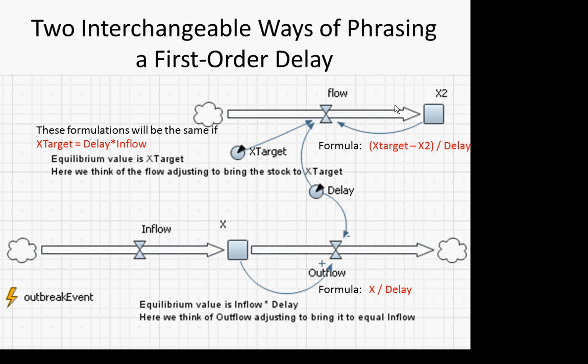So we're going to have a value of the stock. Let's suppose that the stock has some initial value. We'll call the stock x, and we'll call the initial value x0.